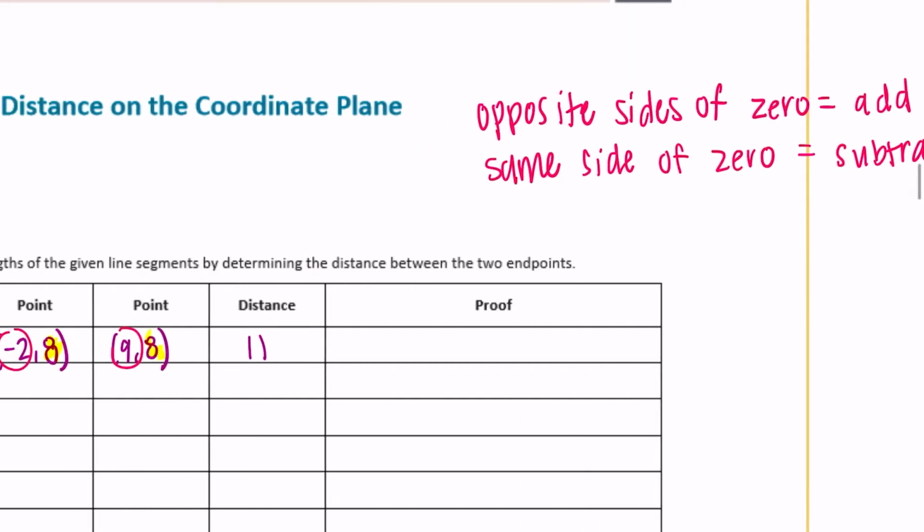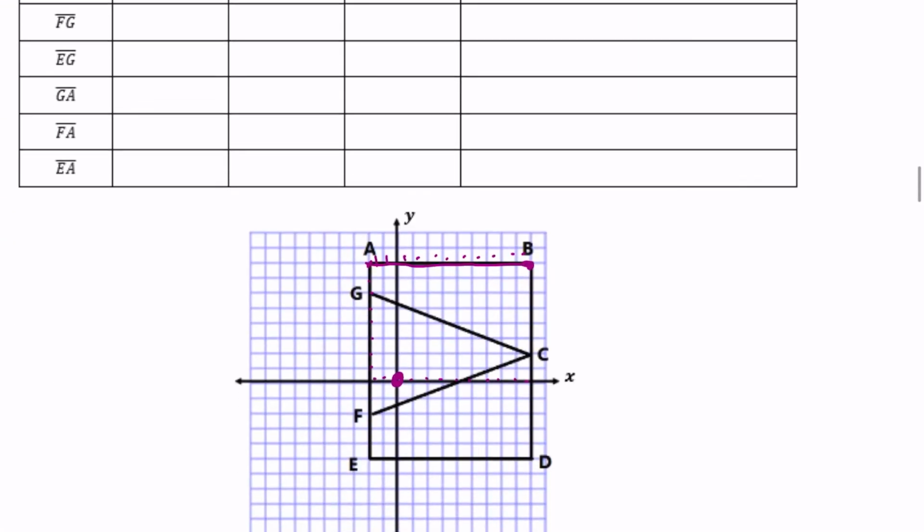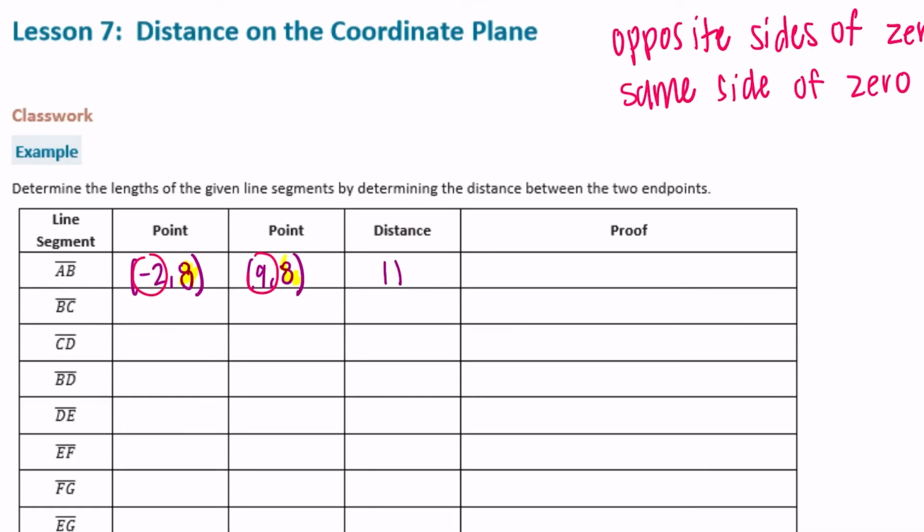So what I mean by that is looking at AB. So A, this is 0 right here. A is on one side of 0, B is on the other side of 0. So they are on opposite sides of 0, meaning I'm going to add.